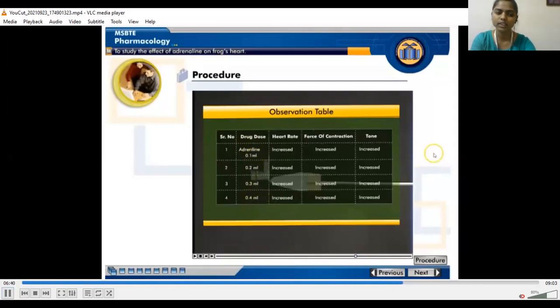Okay, so what parameters are observed after the administration of the adrenaline drug? The heart rate, then also the force of contraction, then the tone of muscle increases. So by using 0.1 ml to 0.4 ml, there is an increase in the heart rate as well as force of contraction, and the muscle tone also increases from the administration of adrenaline. So next we move toward that.